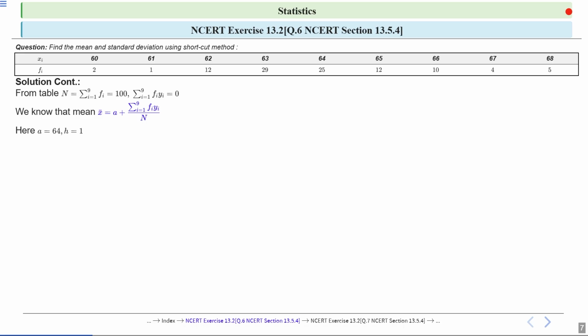In this question, our assumed mean a is 64 and the class interval h is 1, since the xi values increase by 1 each time. So now we will substitute these values into our formula and we will get x bar equal to a plus summation of fi times yi divided by n, times h, equal to 64 plus 0 divided by 100, times 1. And this is simply equal to 64 plus 0, equal to 64.